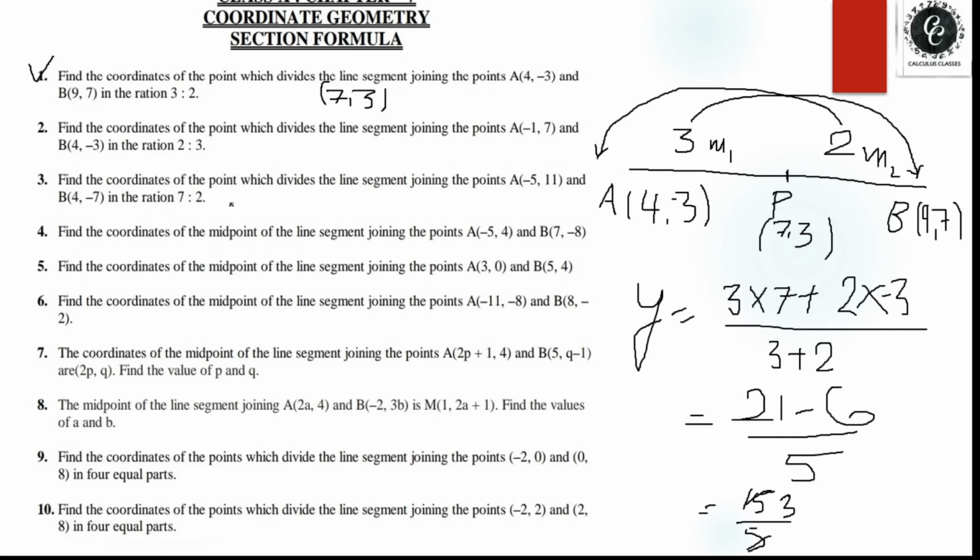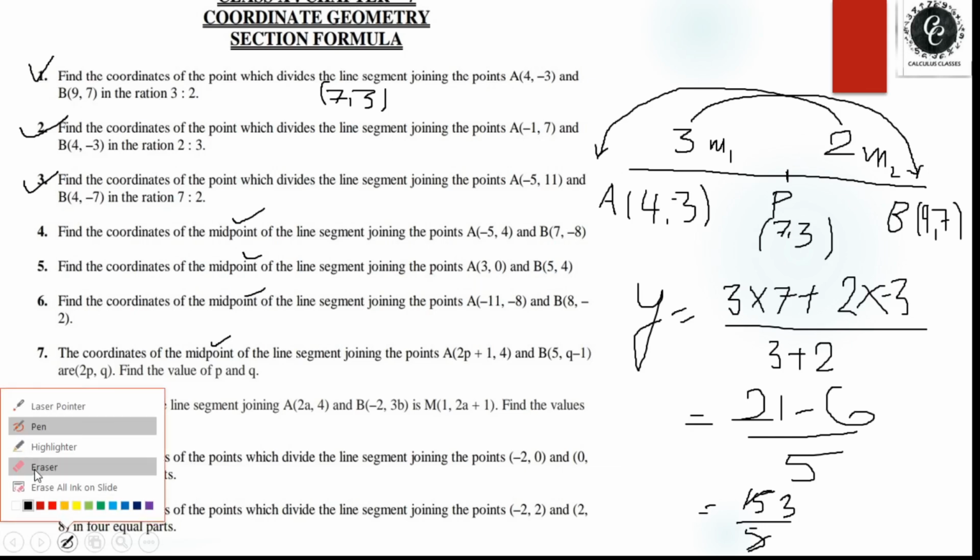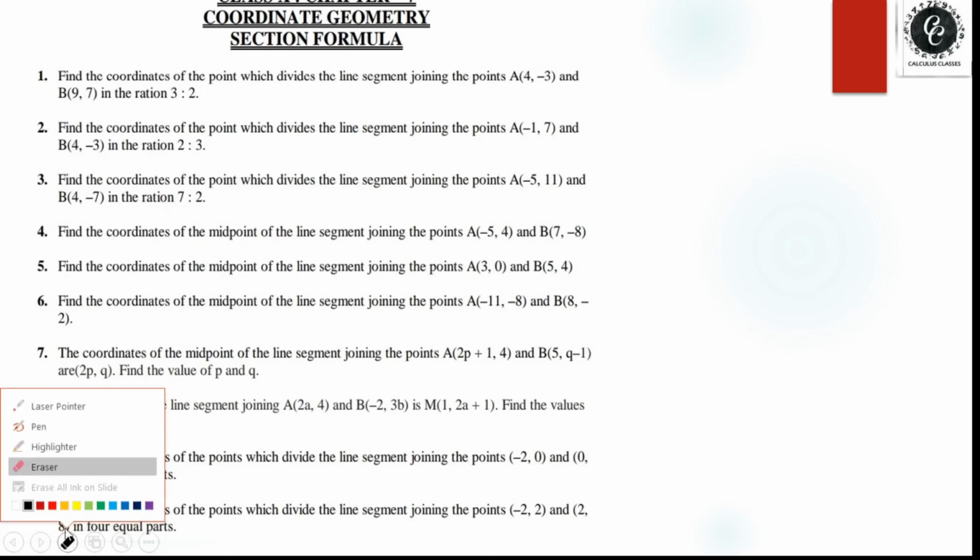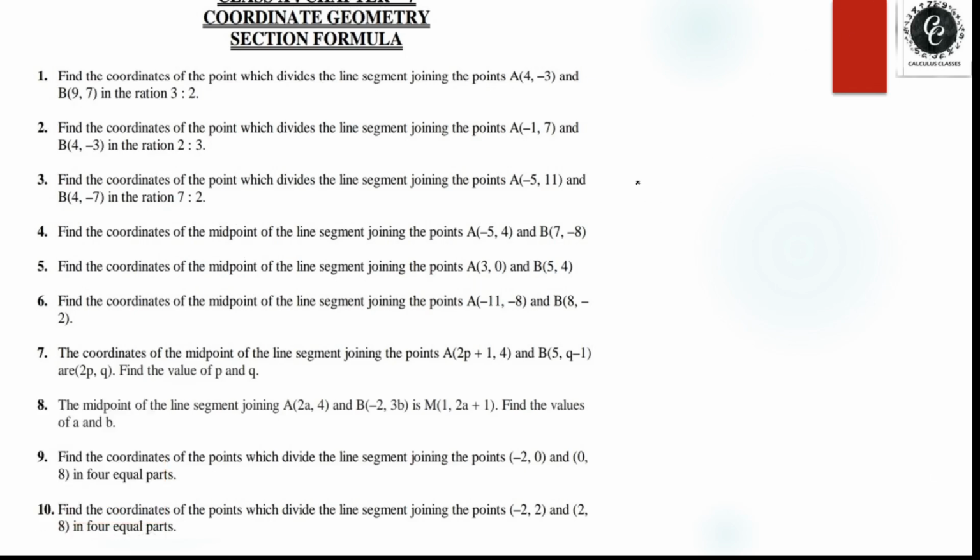Similarly, you can apply the formula in this question, and here the point is the midpoint. We already discussed the midpoint. I want to tell you one question of midpoint so that you can do almost all of these questions. What was the midpoint formula? x equals x1 plus x2 upon 2.